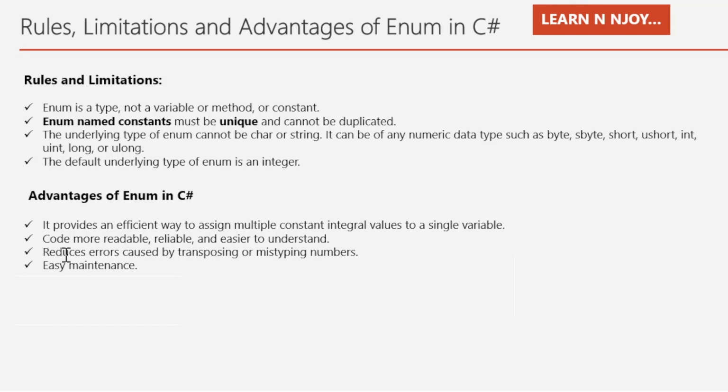Let's suppose if you are not using enum, then we will have to use some numbers associated with a particular constant. So there is a possibility to mistype those numbers and it will be prone to errors. If you are going to use enum, then it will reduce errors usually caused by transposing or mistyping. It is easier for maintenance. So these are the advantages of enums in C Sharp.